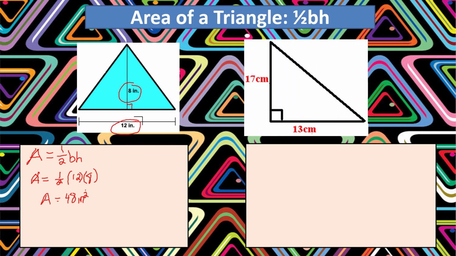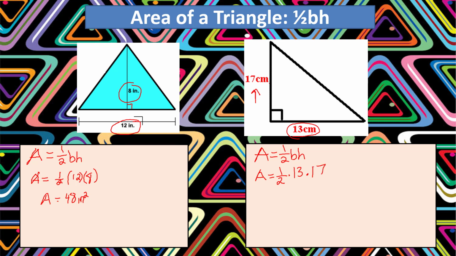Next we have, again, area is equal to 1/2 base times height. And so my area is going to be equal to 1/2 the base of my triangle, which is 13, times the height of my triangle, which is 17.